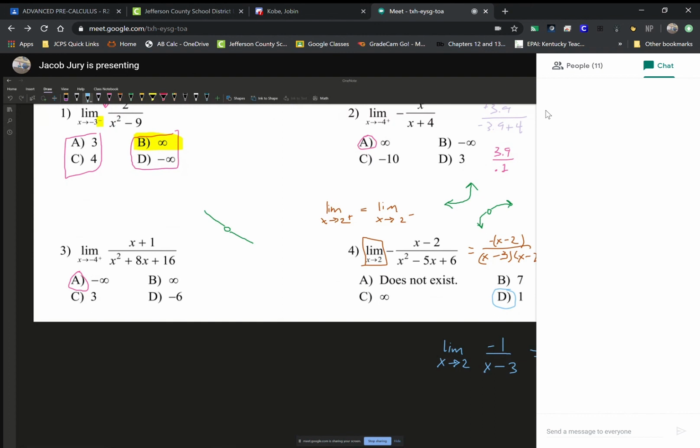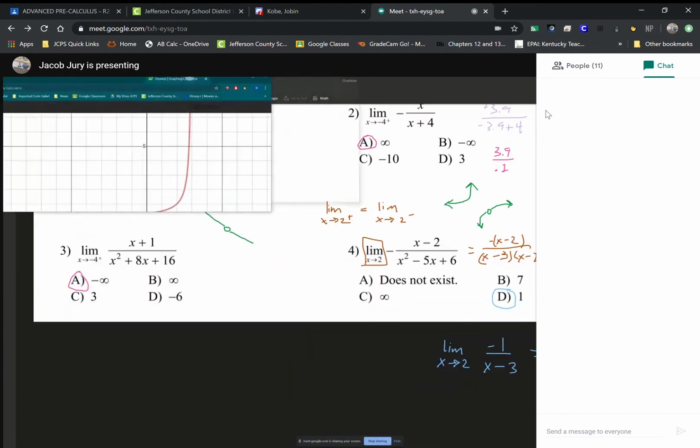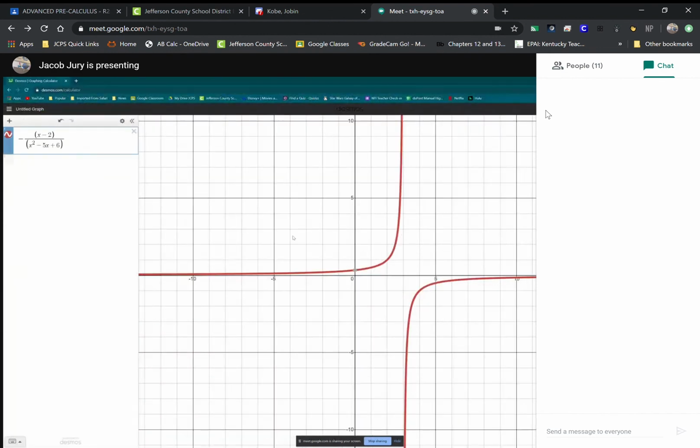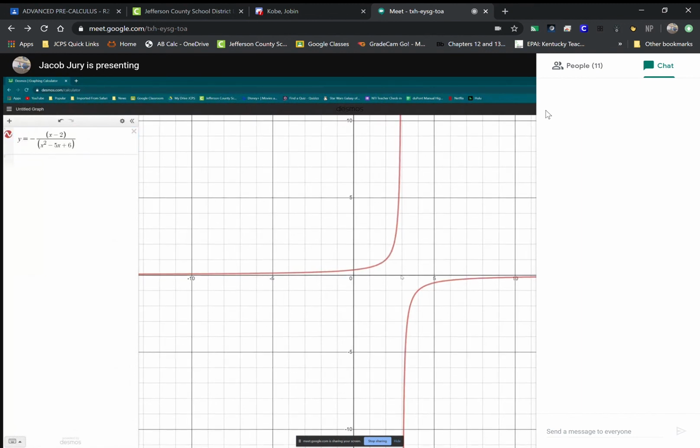This is definitely more on the advanced side of this class, but it's definitely worth mentioning, just to show you that this function looks like that. I graphed it clearly. At 3, we have a problem.